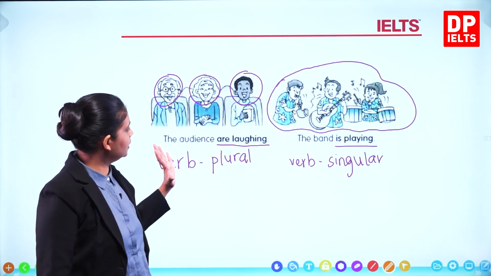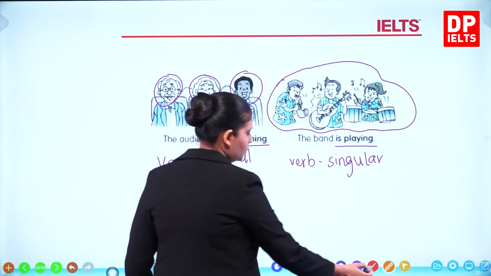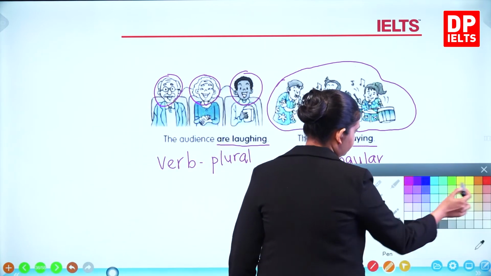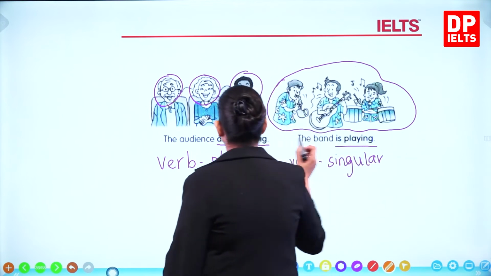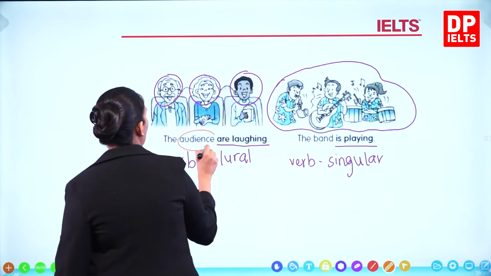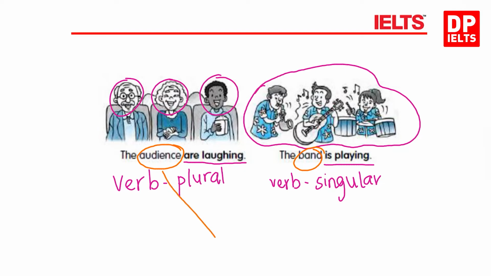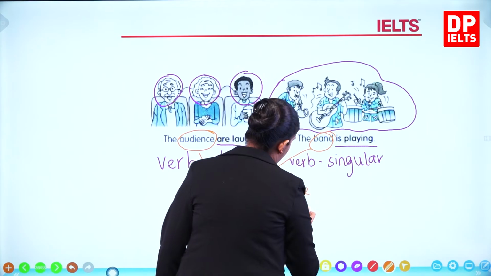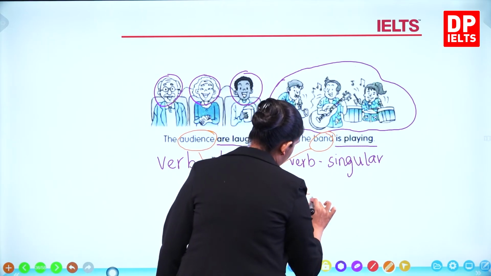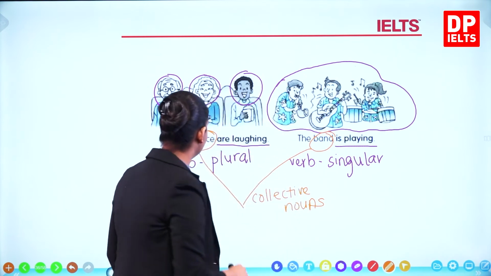When using collective nouns කියලා කියන්නේ මෙන්න මේවට, කොට්ටාශයකට පාවිච්චි කරන තනි නමක්. මේ තියෙන්නේ audience, band, right? මෙන්න මේ වචන වලට අපි කියනවා collective nouns. Right?